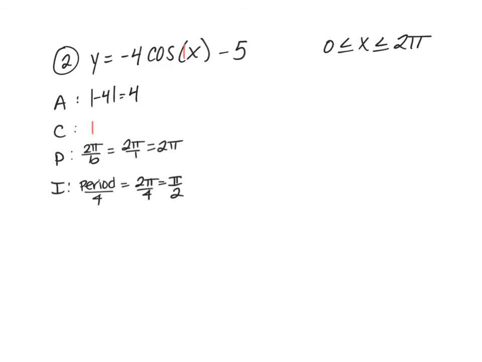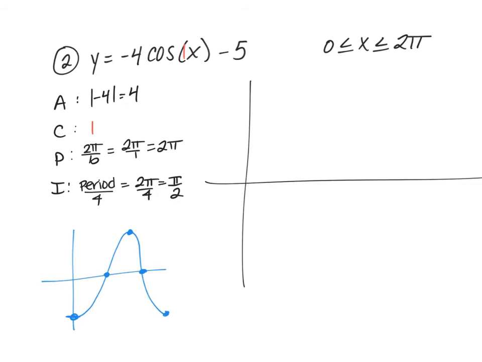Now we know we have a negative cosine graph, so in our heads we need to know that it starts at the minimum and makes this mountain shape with these 5 main tick marks. So we want to set up our xy axis with my new midline being down at -5.